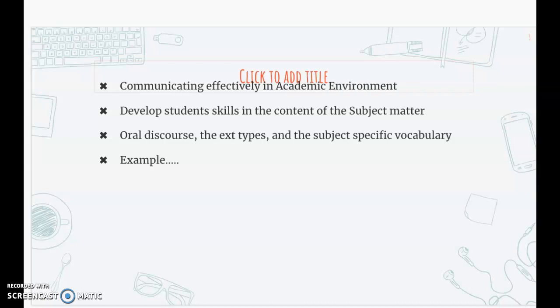Part of the teacher's responsibility is to help students further develop their understanding and skills in that subject matter. They also have to help students develop their skills in using and understanding the oral discourse, the text types, and the subject-specific vocabulary that are typical in a particular content area.